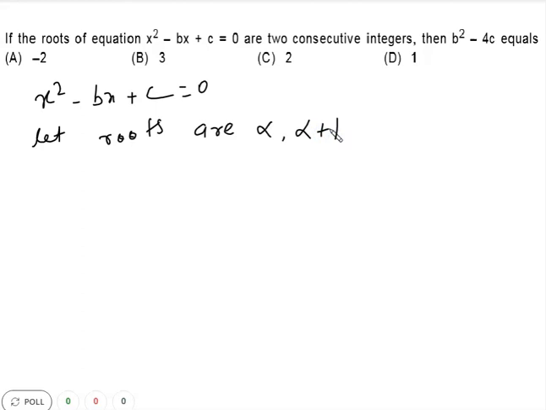So after subtracting you will get the difference 1, right? So since the roots of the equation are consecutive integers, we have alpha and alpha plus 1.